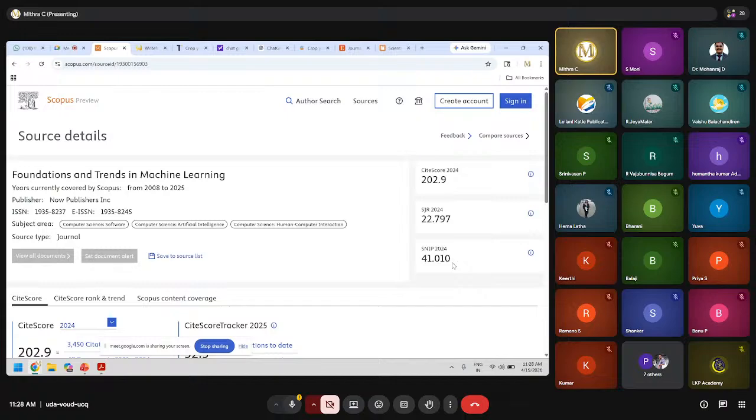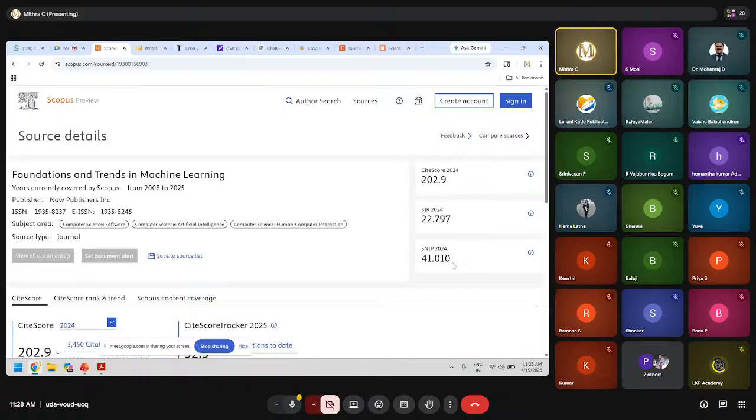Before that, I said I'm going to explain what Q1, Q2, Q3, and Q4 journals are. Q represents quartile. So what does that quartile represent? Only the top 25 percent of people will publish in Q1 journals.